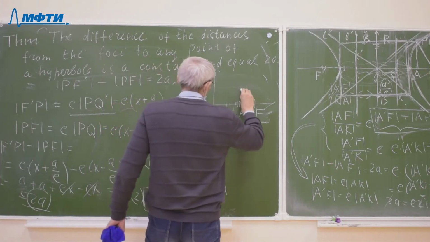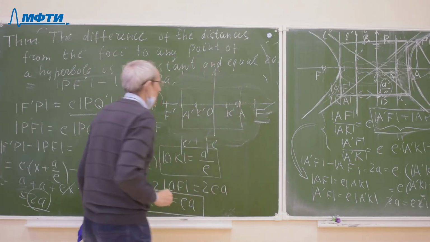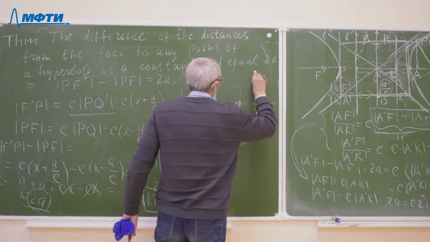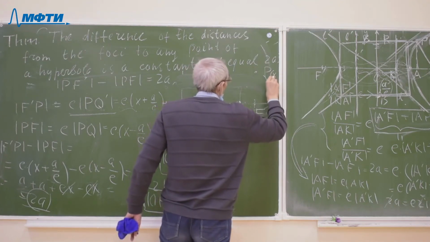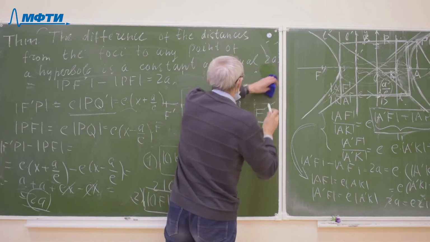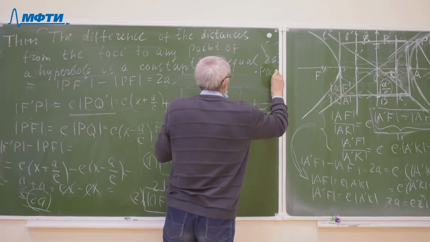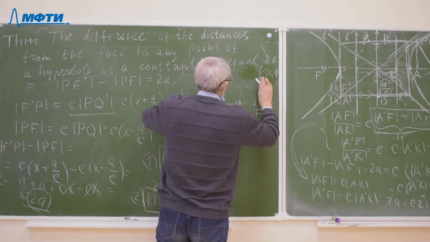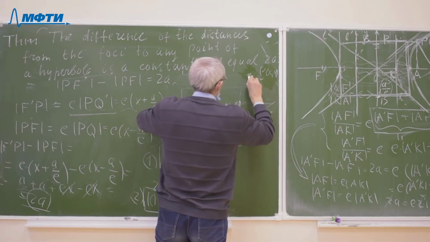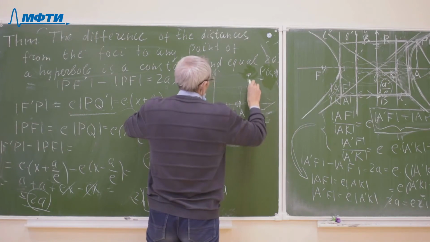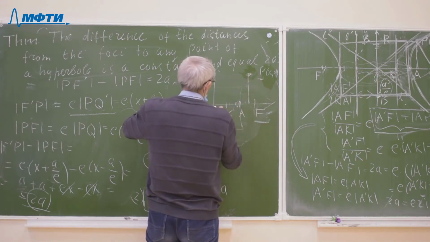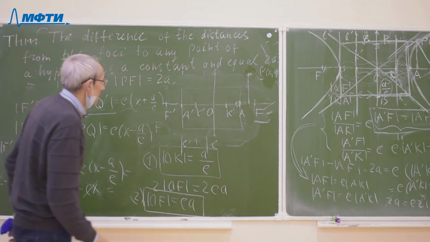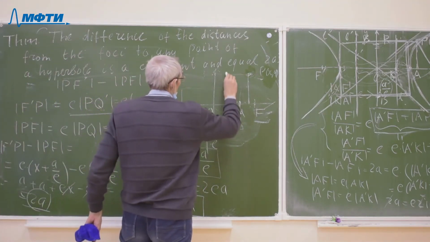And I can restore the base rectangle, and I have an arbitrary point which has coordinates x, y. The coordinate x is this coordinate.